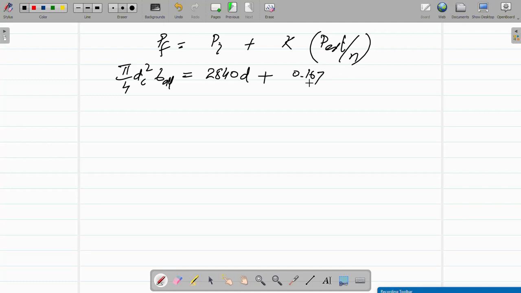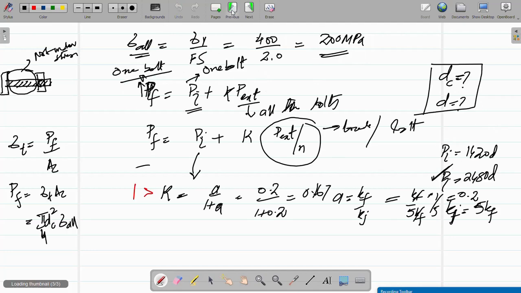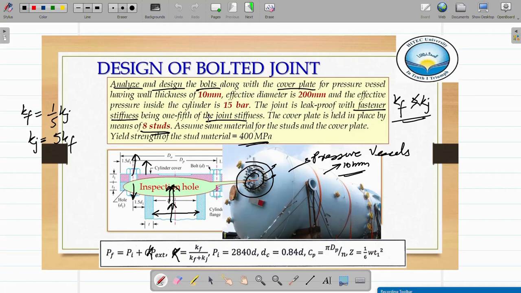And okay, external pressure. Now external load, sorry, not pressure. We know pressure is equal to load over area, so external load is nothing but pressure into area. Which area to be used, that again in design is the key understanding. So this is your cylinder and this is your cover plate.